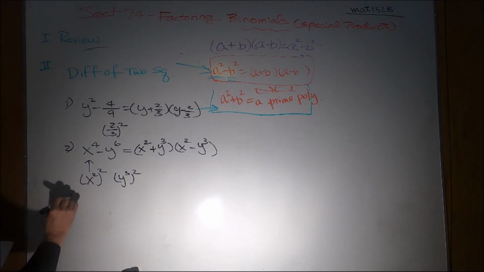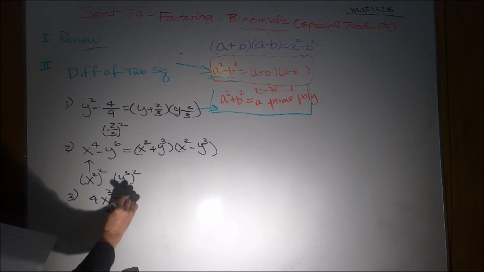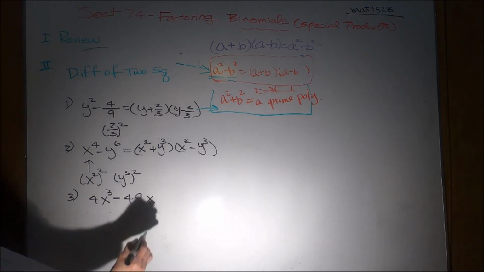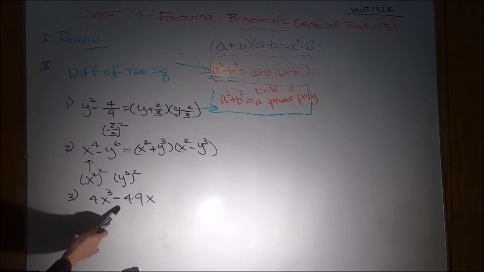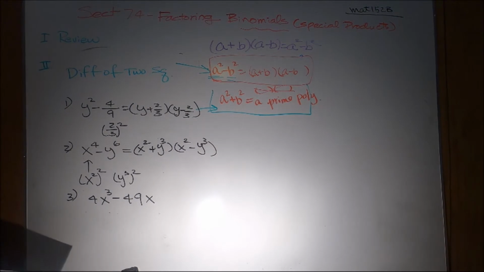If you look at the third one, 4x cubed minus 49x. We have a difference, but do we have two squares? X cubed is not a square. X is not a square, so we cannot apply the formula, right?